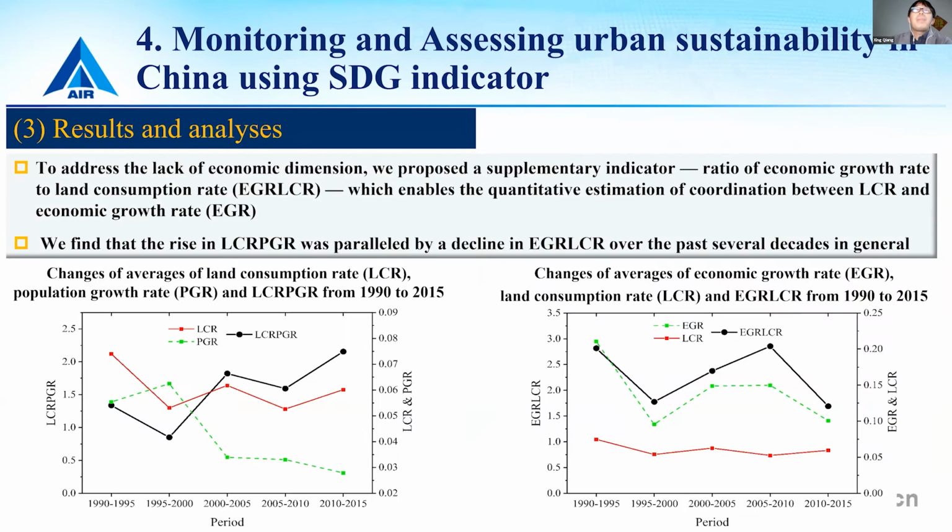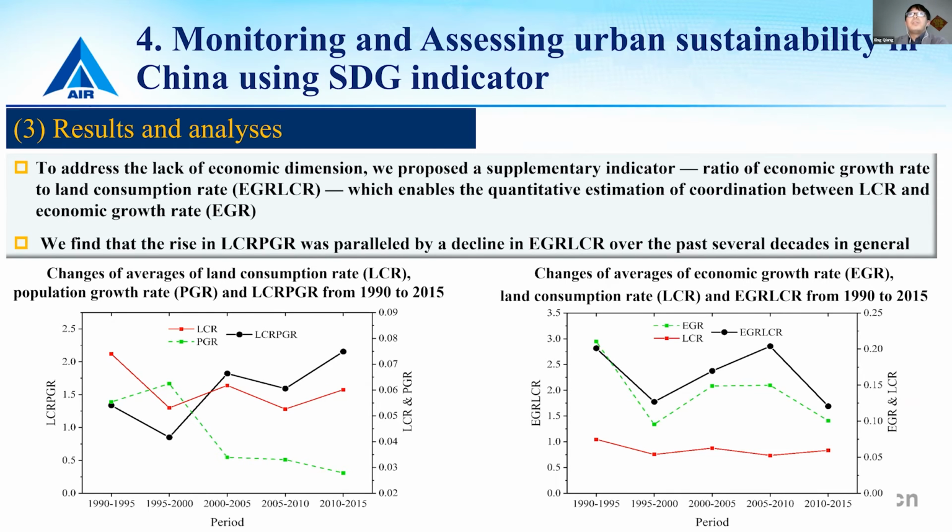So here, besides LCR, PGR, we think that except for land consumption and population growth, we also need to put economic growth rate here related to land consumption rate, which we call EGR, LCR, which enables the quantitative estimation of coordination between land and economic growth.